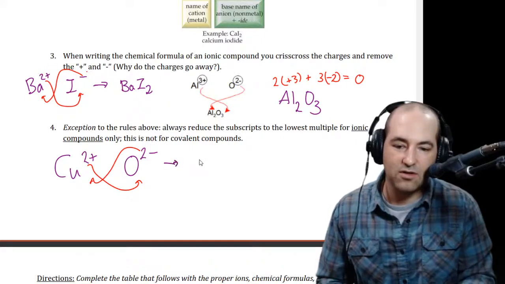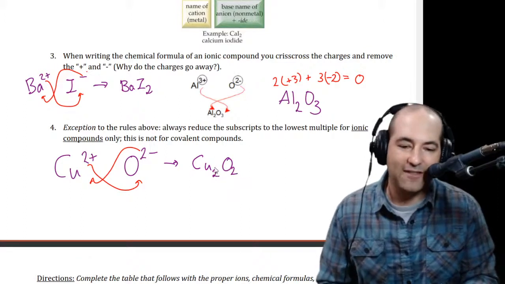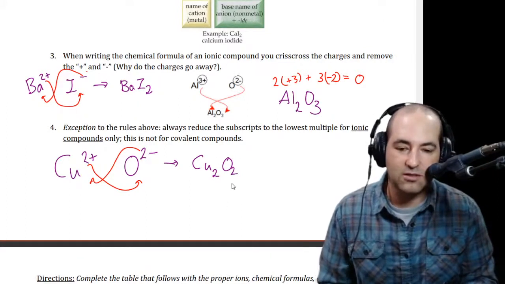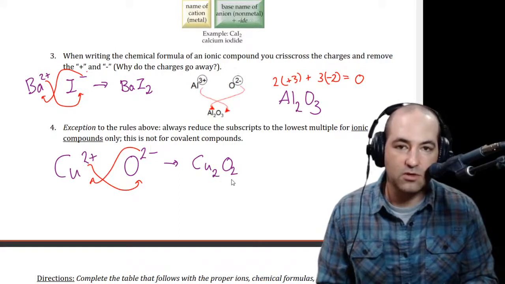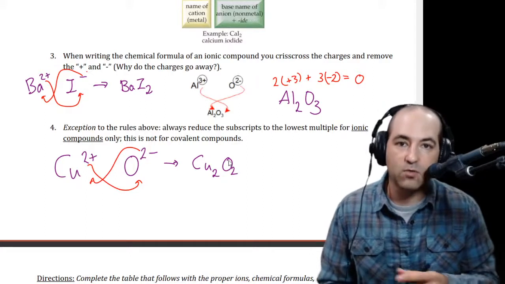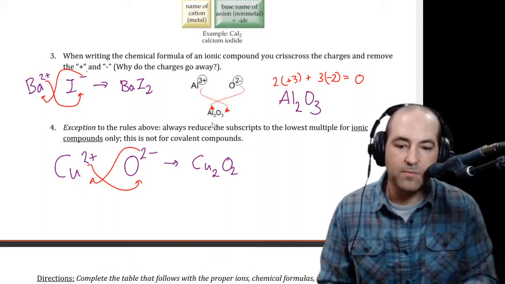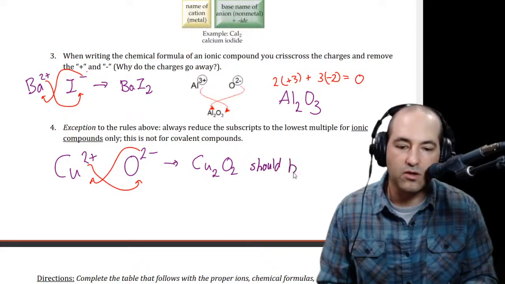And that would give you Cu2O2. Now that's really not the correct formula for this compound, and the reason is because in an ionic compound, the subscripts don't mean the individual numbers of atoms. It just means the ratio between the two atoms. So if the ratio is 2 to 2, that's really 1 to 1, right? So it really should be CuO.